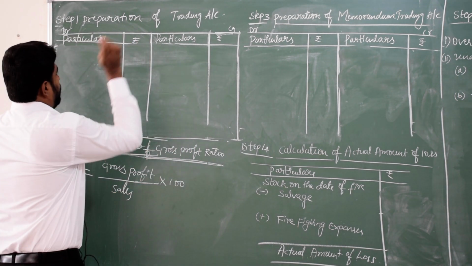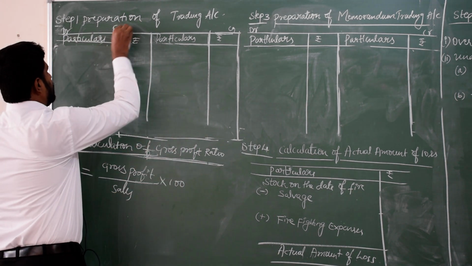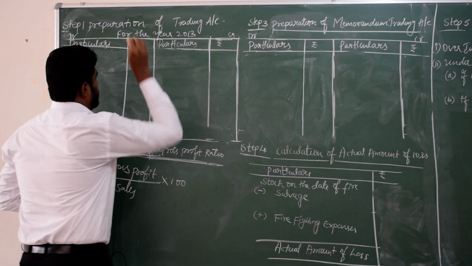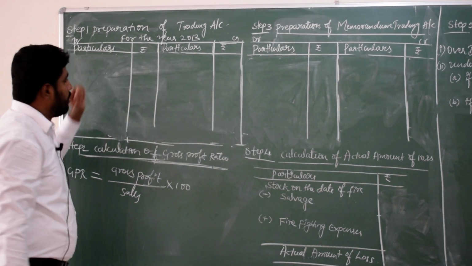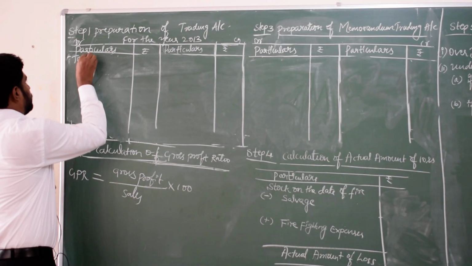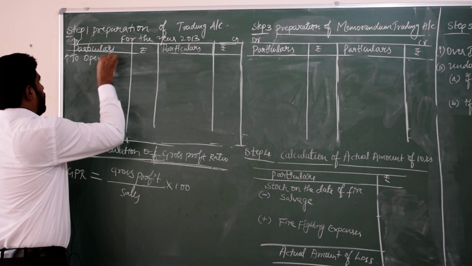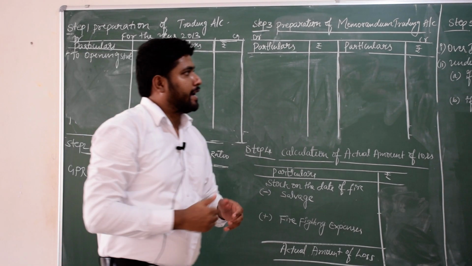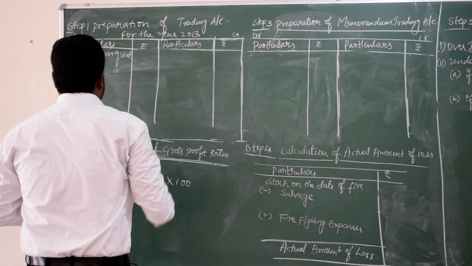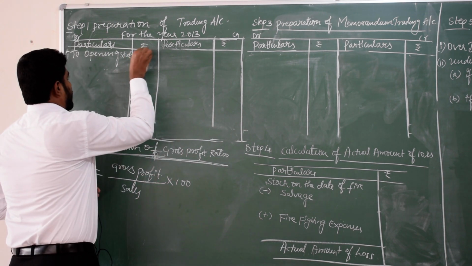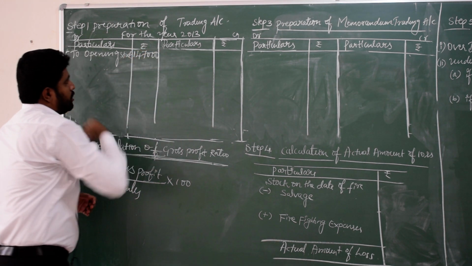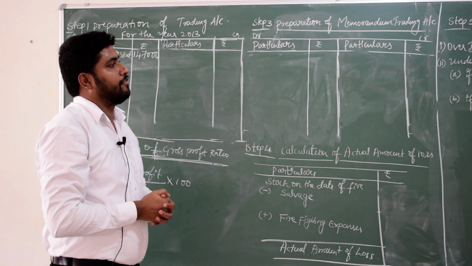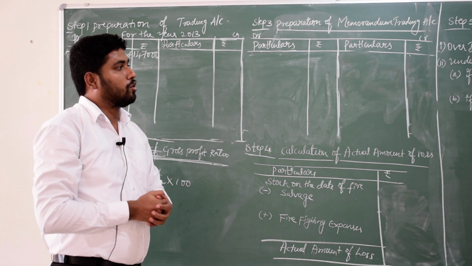Preparing the trading account for the year 2013: first record opening stock, to opening stock. The value of opening stock is 1,47,000.